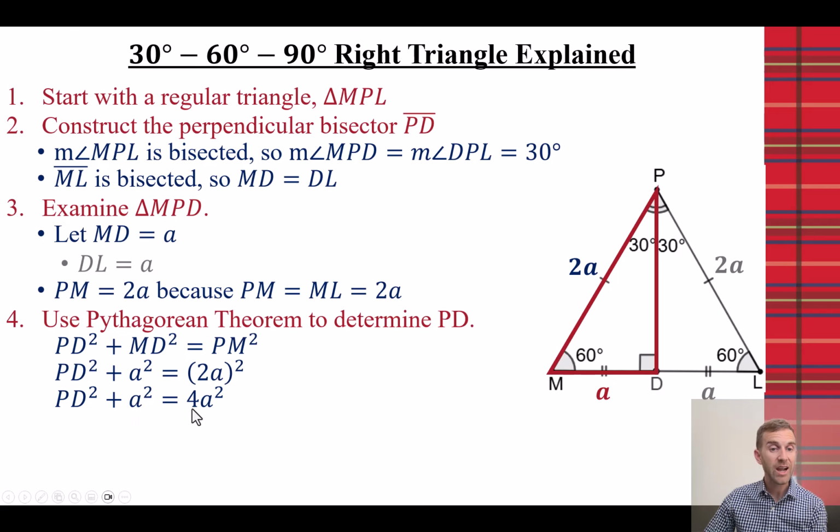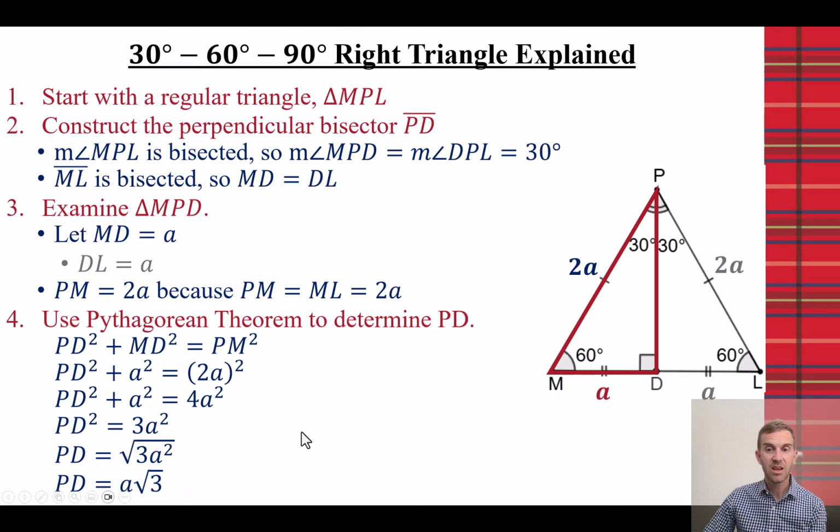And I'm going to subtract 1A squared to the other side, leaving me with PD squared equals 3A squared. I take the square root of both sides, and you can't take the square root of 3, but I can take the square root of A squared, so that is A times the square root of 3. So now I have that relationship. A is across from the 30 degrees, A square root of 3 is across from 60, and then 2A is across from the 90.